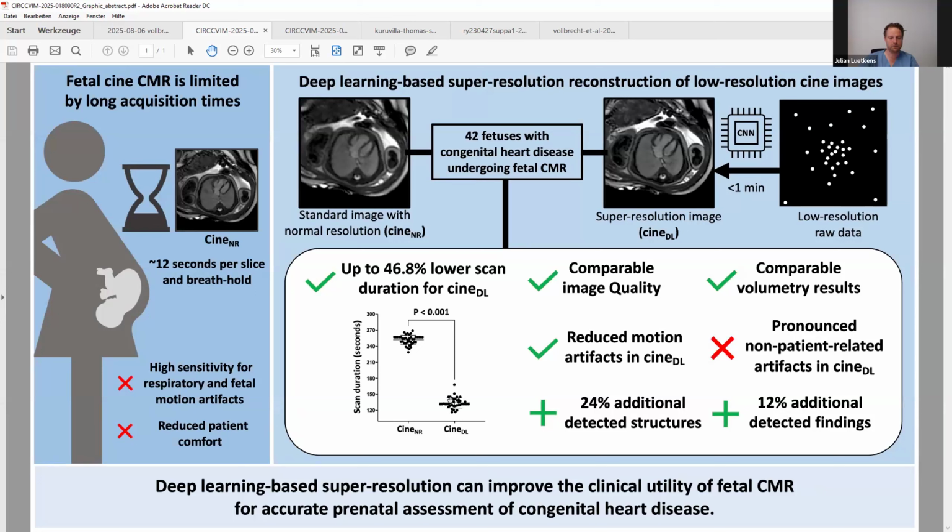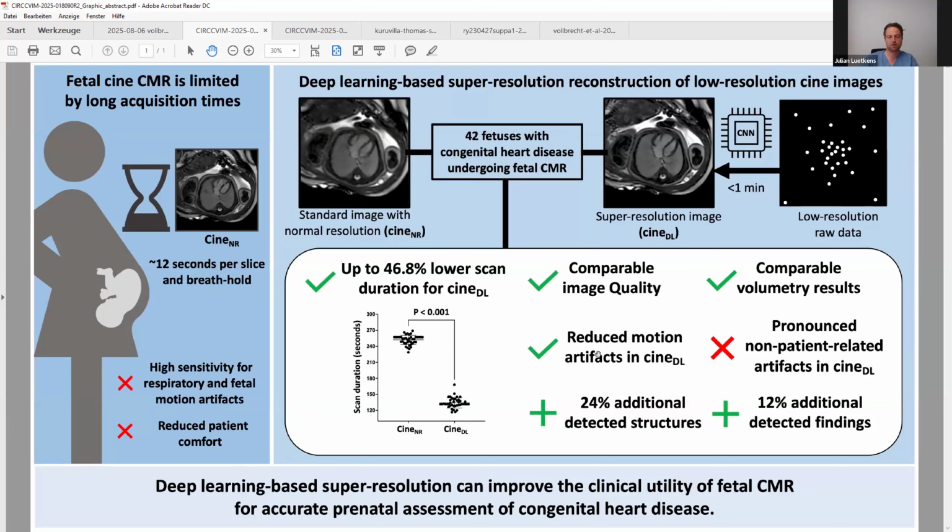You can see that with the Cine DL, including breath hold pauses, so we do our fetal CMR scans with breath hold, you can acquire all the data in 2 minutes. And with the standard Cine imaging, you need almost 4 minutes for the same stack. The main results were that there was a comparable image quality. There were also comparable quantitative volumetry results.